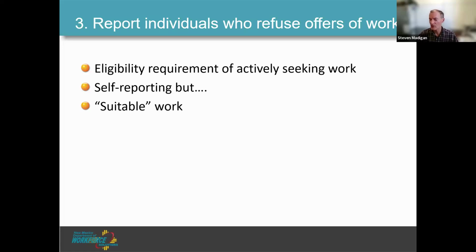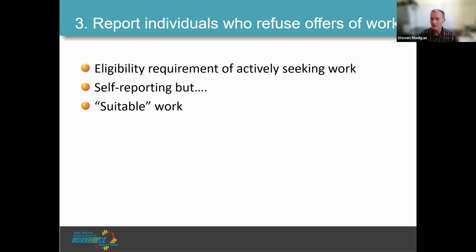Next, is the work suitable? So is the individual qualified to perform that work? And then we'll get information to see, is it comparable to something they've done in the past? Is it within a reasonable commuting distance from their home, etc. So that's part of the investigation.